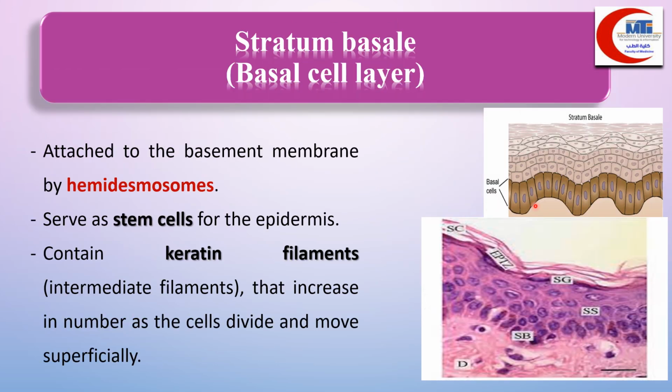The cells are also attached to the underlying basement membrane by hemidesmosomes. In a light microscope, the cells show mitotic figures as they are responsible for regeneration of the epidermis and serve as stem cells for the epidermis.